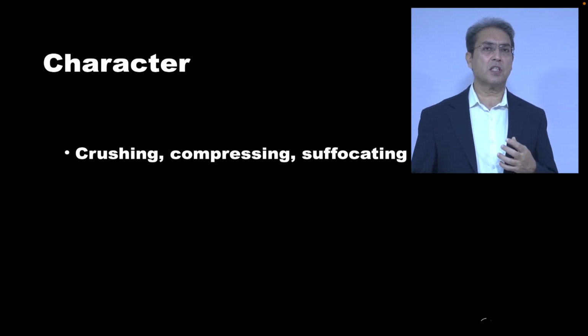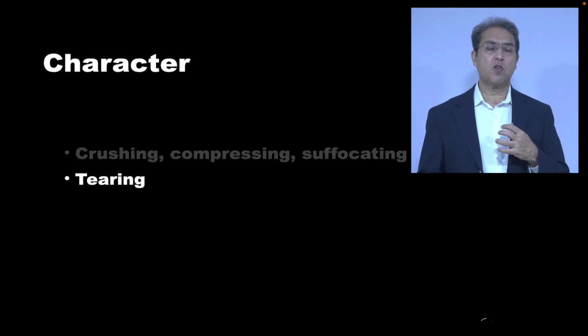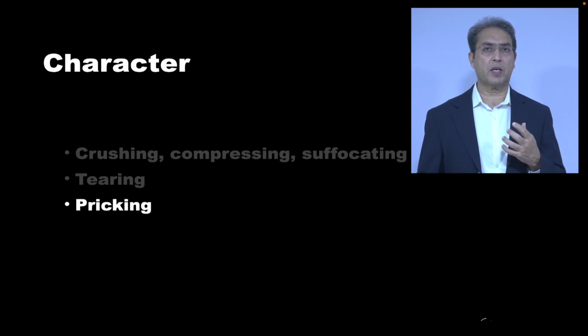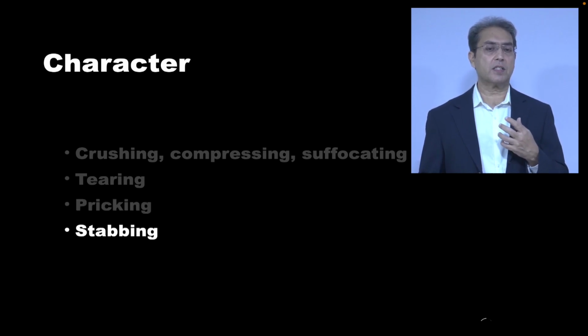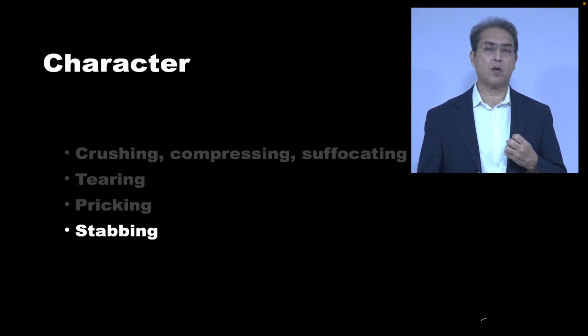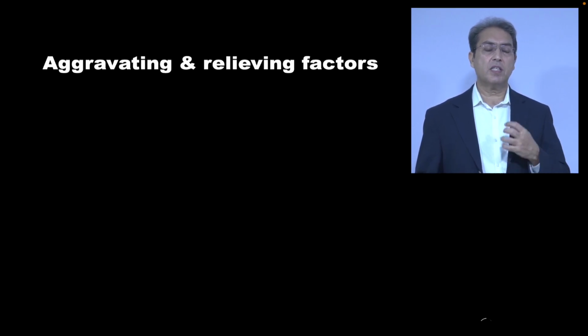So this feature is seen usually in pain of ischemic heart disease. And then you got a tearing pain which may be seen in aortic dissection. Then you got pricking pain which may be neurological or musculoskeletal. Similarly, the stabbing pain can be seen in patients who've got pleuritic pain or patient who's got the pain from the musculoskeletal origin.